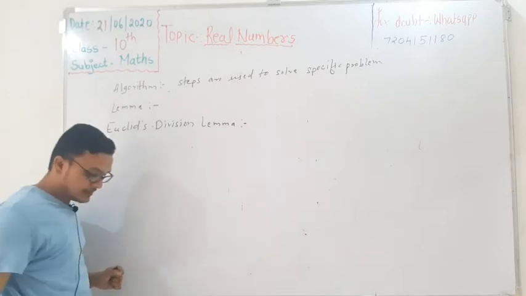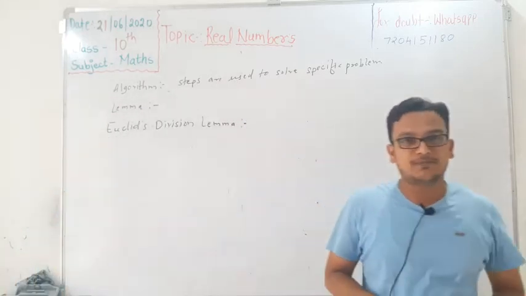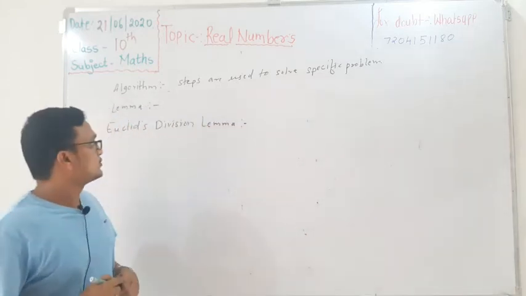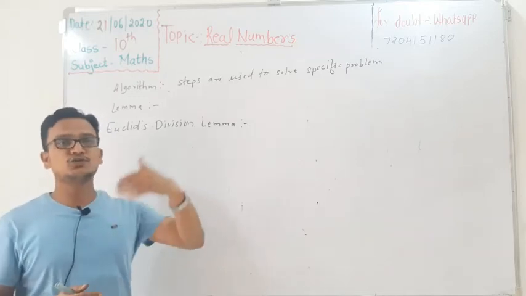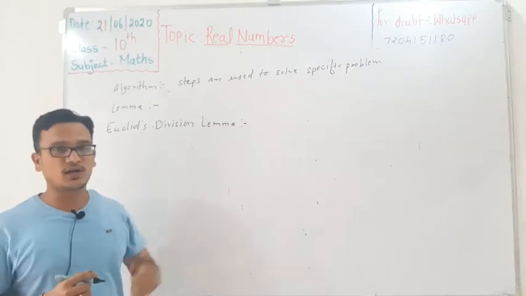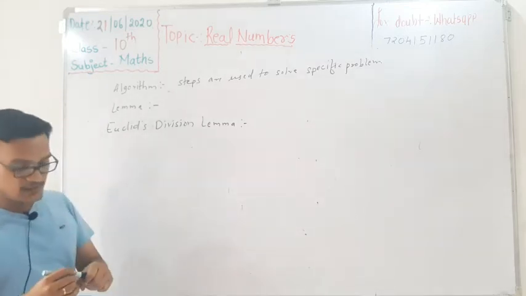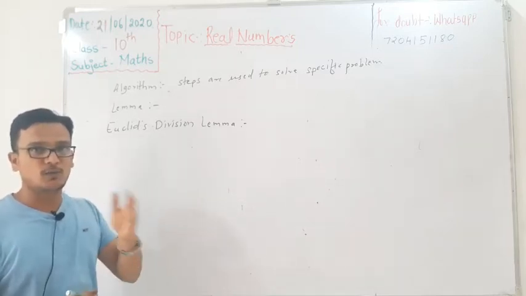Now what is meant by lemma? Lemma is a proven statement. That means using that proven statement we can solve other statements, we can make use of that proven statement and solve some other problems.